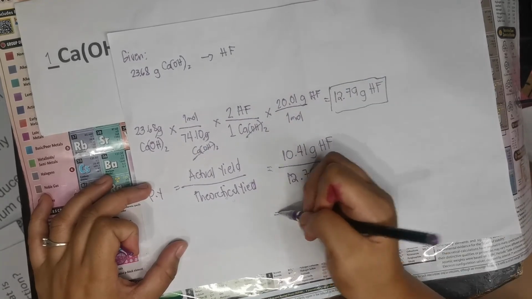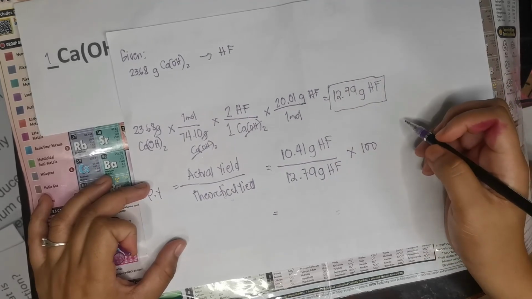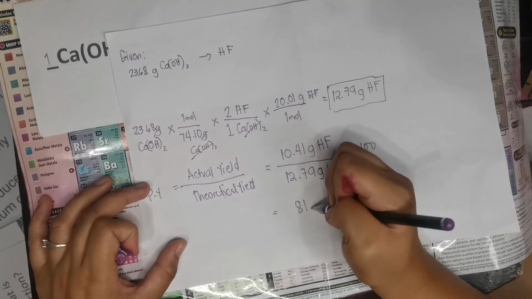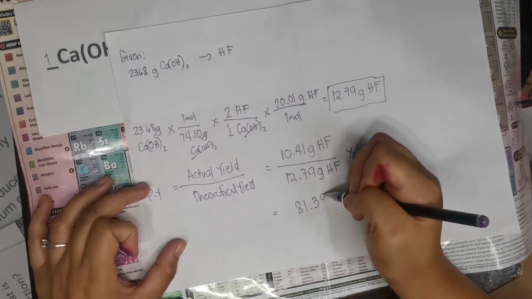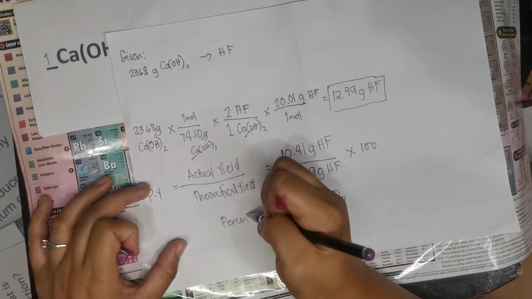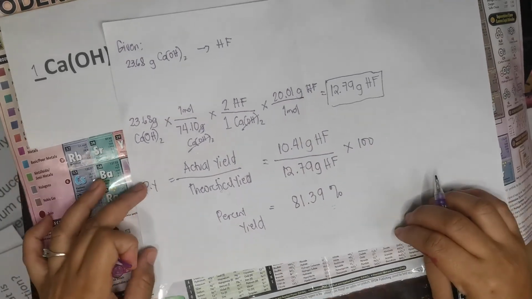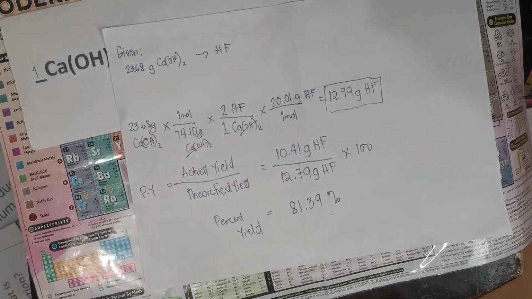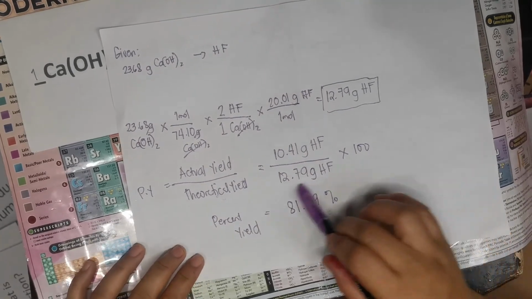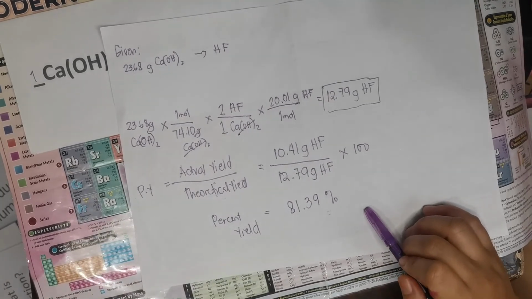If we divide it, then times 100 para maging percentage yield. Ang magiging sagot ay 81.39%. And this is our percent yield for this reaction. Meaning, ang kanyang experiment, it only has 81.39% of accuracy.